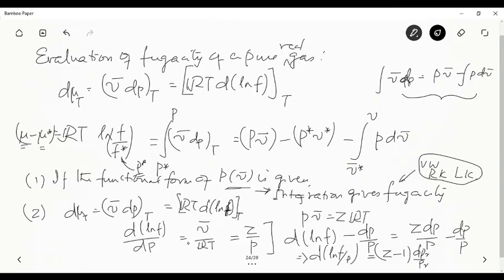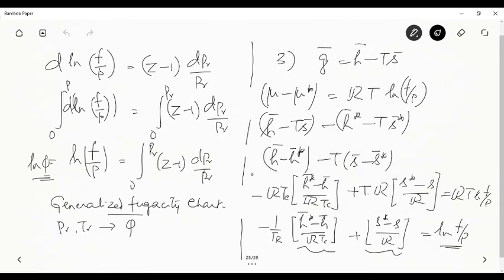Otherwise, we said that from the generalized compressibility chart, which is typically applicable to pure real gases, we can evaluate the fugacities, either using the compressibility chart, or the generalized fugacity chart, or from the enthalpy and the entropy corrections.